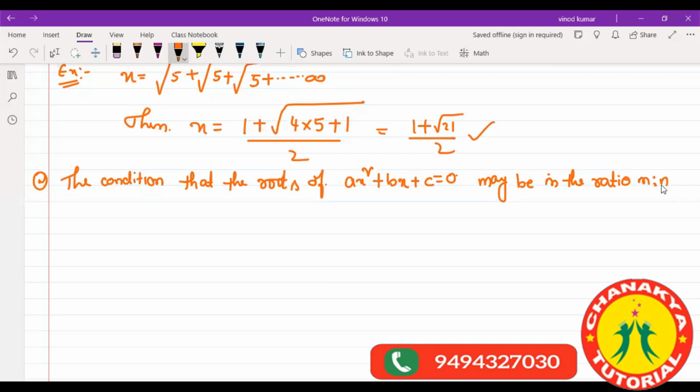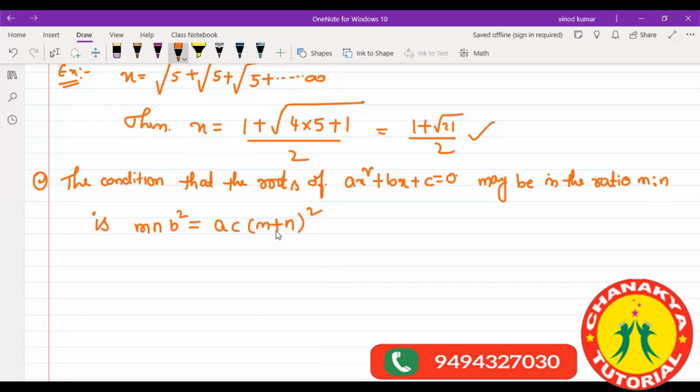If the roots are in the ratio m is to n, the condition is mn b square equal to a into c m plus n whole square.